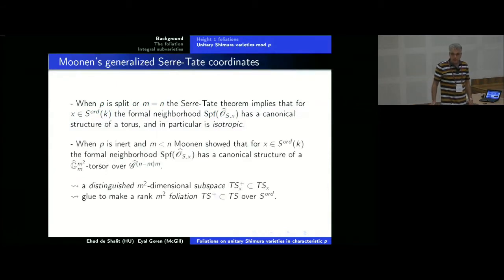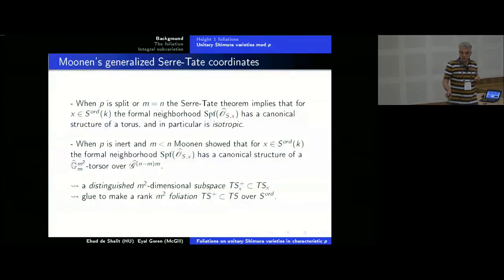When p is inert and m is less than n, Ben Moonen showed that at a mu-ordinary point, the formal neighborhood has a canonical structure, generalized Serre-Tate coordinates, but this canonical structure is of a torsor over the formal group of this supersingular elliptic curve to some power.